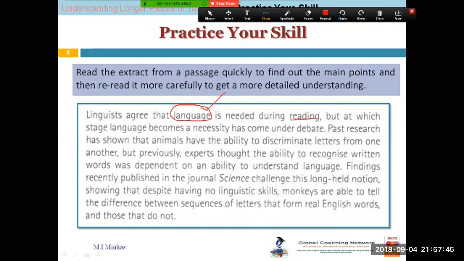But when do you need language to read? When language becomes a compulsory thing for reading, that is a point of debate. For example, let me show you. You may not understand this language, because this is my own language that I'm creating right now.